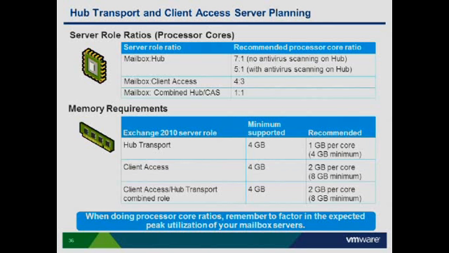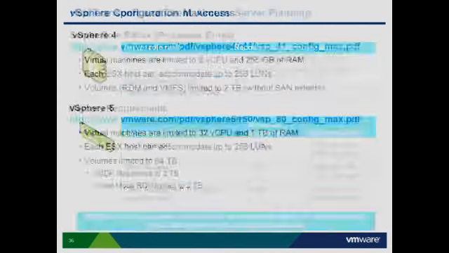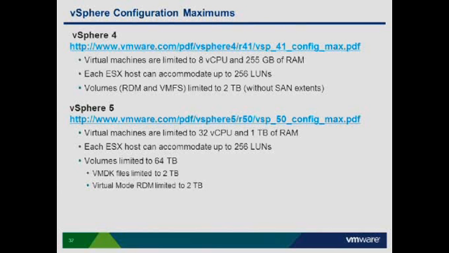Hub transport and cache servers, it's really just a ratio of the mailbox servers that you've deployed. Same thing with Active Directory servers. And then when we're looking at this logical design of the Exchange environment, we do have to be conscious that there are some limitations in the hypervisor. Granted, in 5, you're probably not going to see them as much.